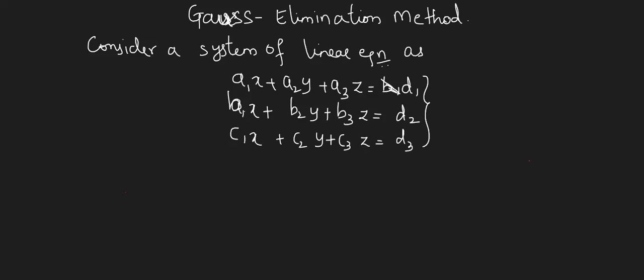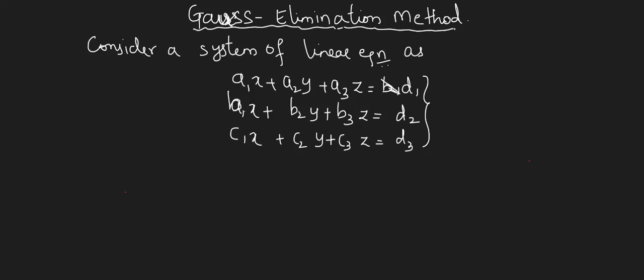Now, if the question is to solve this system, we have to get the values of the unknowns. What are the unknowns here? Not a, b, c. The unknowns are x, y, z.